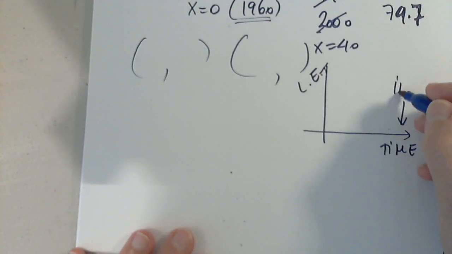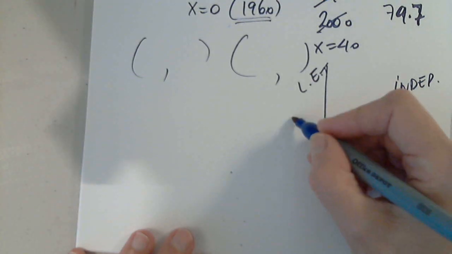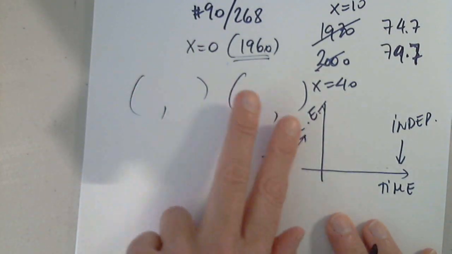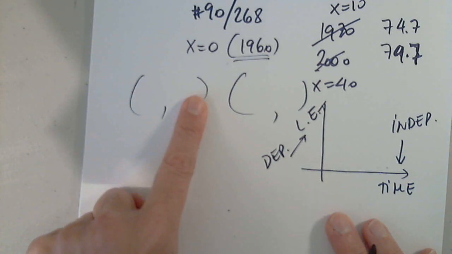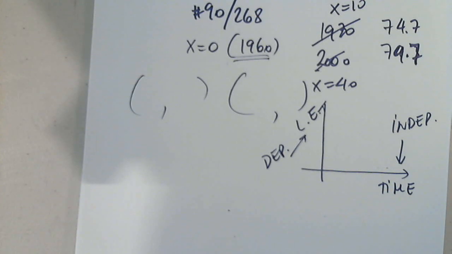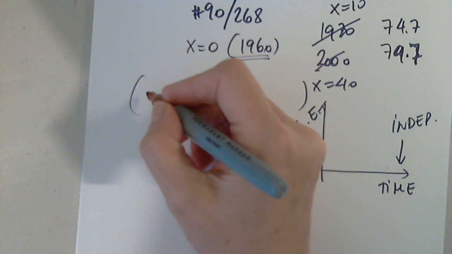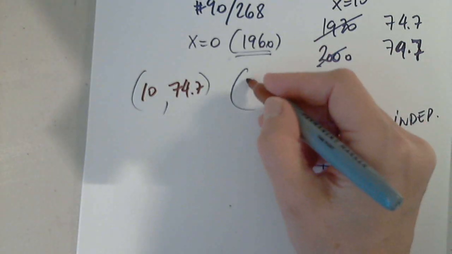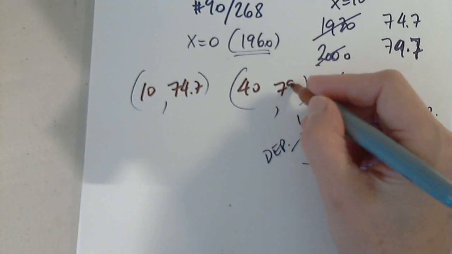So this is the independent variable. This is the dependent variable. Because if I mess up the points and do not write time, life expectancy, time independent, and life expectancy dependent, the whole thing will collapse on me. I'm not going to get anything. So the first ordered pair is 10, comma, 74.7, and the other one is 40, comma, 79.7.